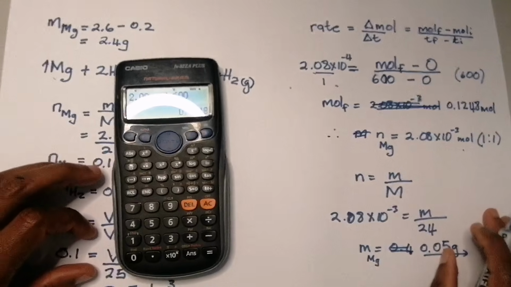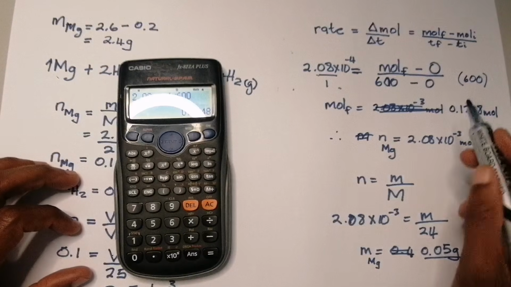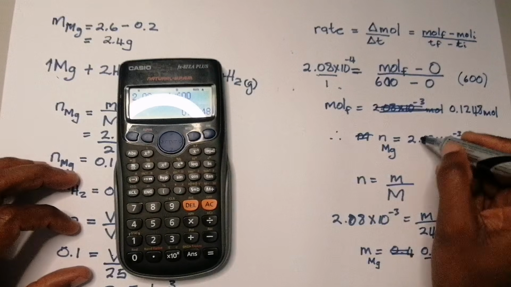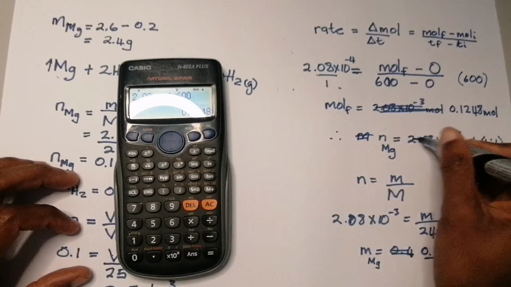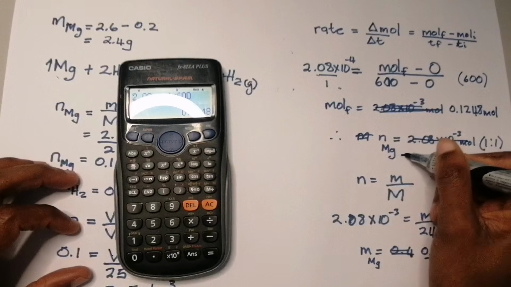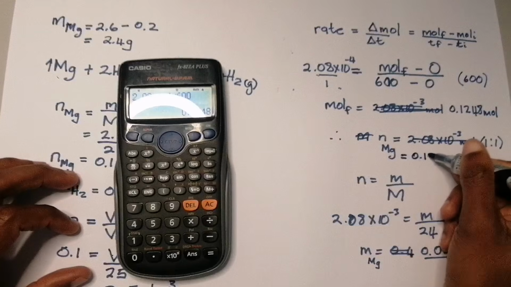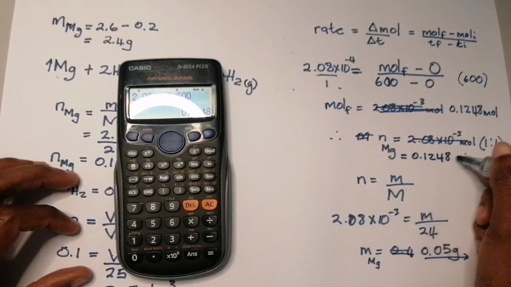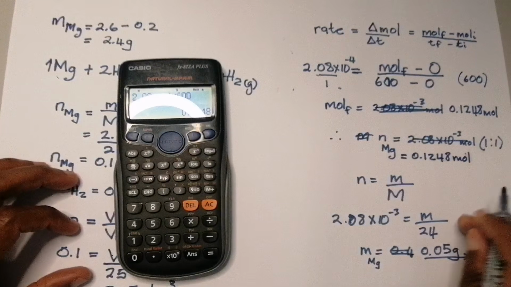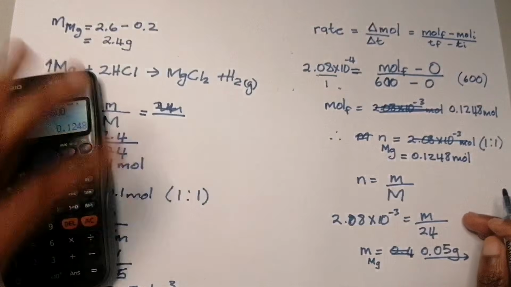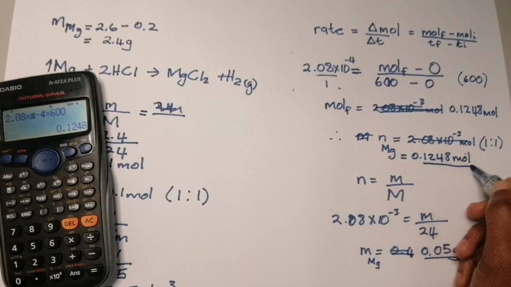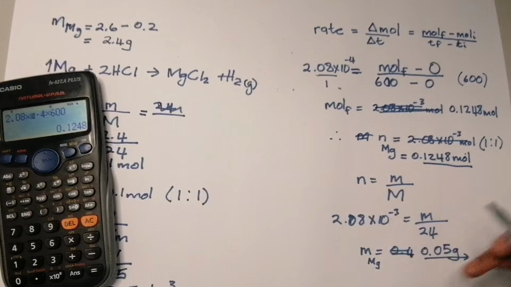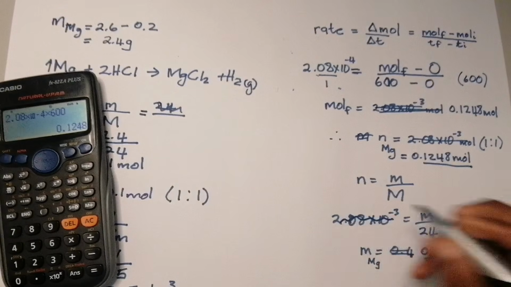So what does it mean? It means that the number of moles of magnesium would actually be the same value as well. So that's 0.1248 moles.